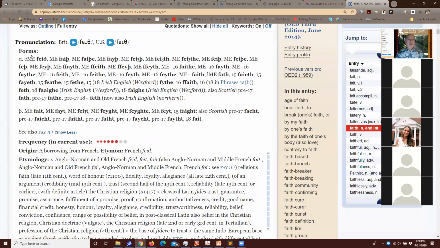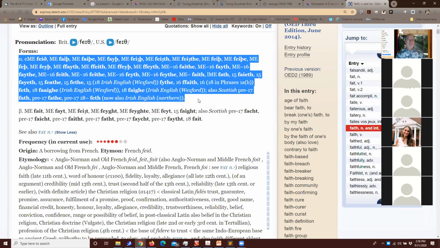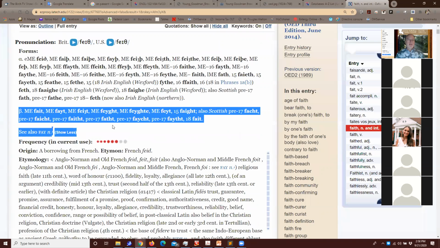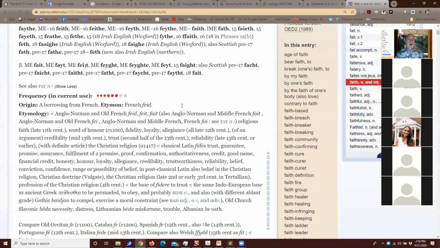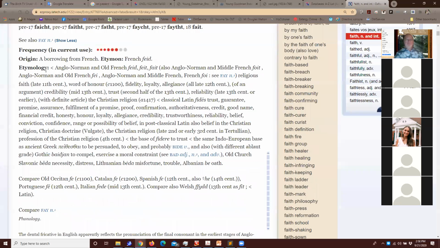You have the different spellings of the word faith that have occurred. Here we get to Middle English, Scottish. Now etymology. This is important because etymology is the history of a word. And so it goes back to Anglo-Norman, Old French.